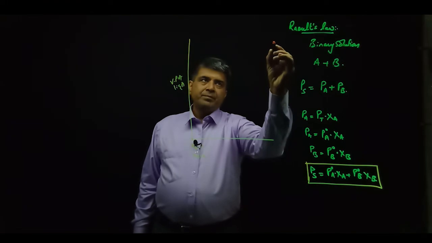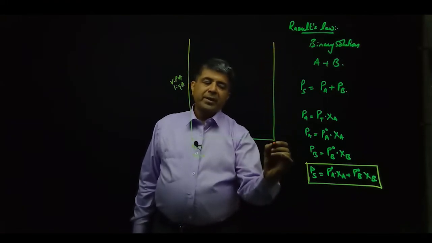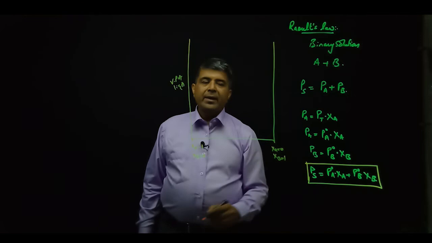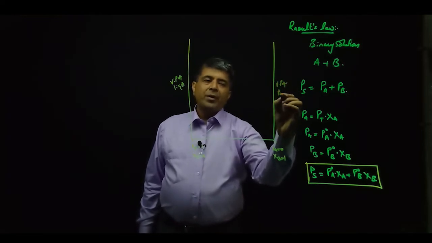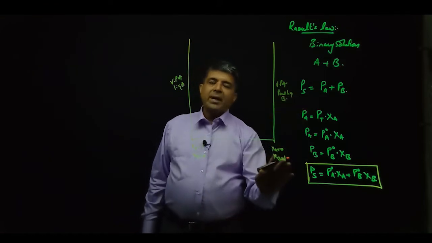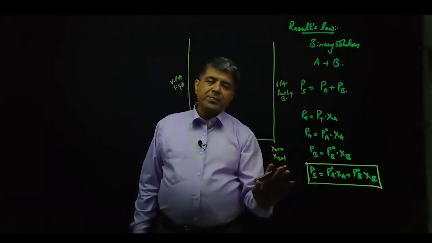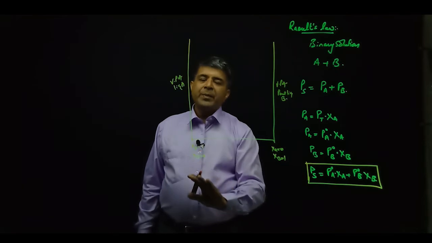Similarly, at this point the mole fraction of A becomes 0 and the mole fraction of B is equal to 1. So this would be the vapor pressure of pure liquid B, because at this position 100% liquid B is present, and at this position 100% liquid A is present.